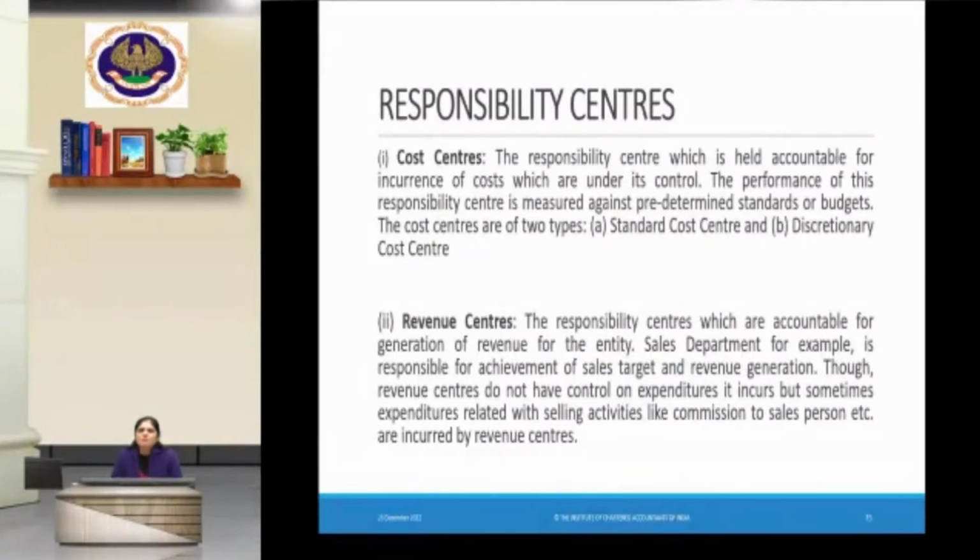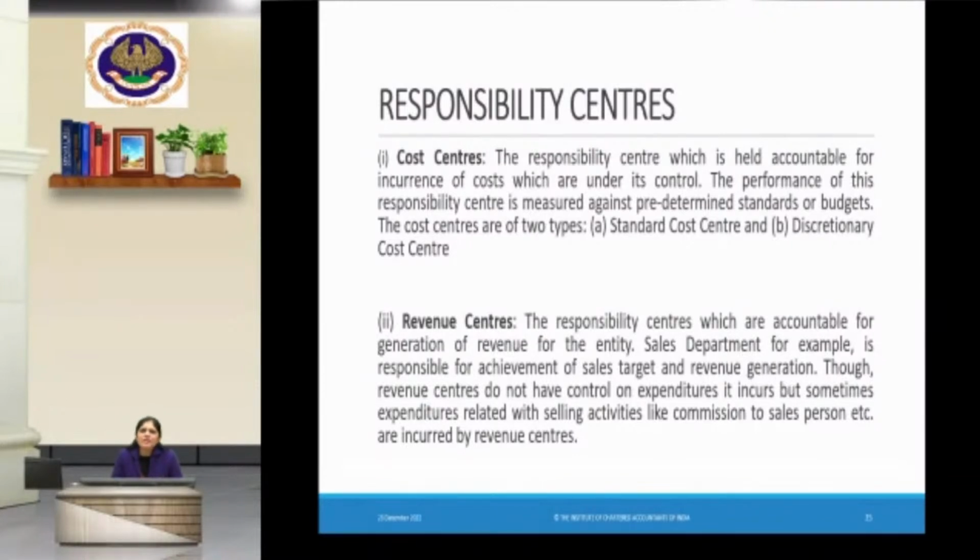So standard cost means if this much is the raw material, this much has to be the output. If 200 units are the raw material, then 1000 units of output should be produced. So in a standard cost center everything can be measured and specified. They have a cause and effect relationship, and that we can measure. That is a standard cost center.